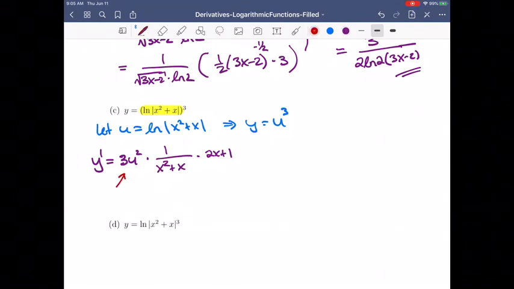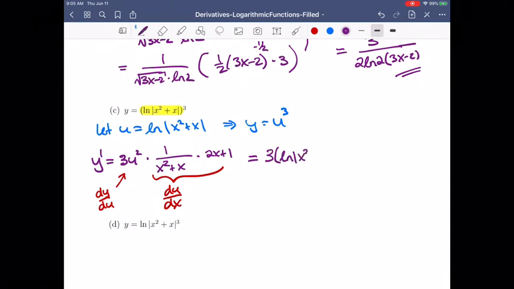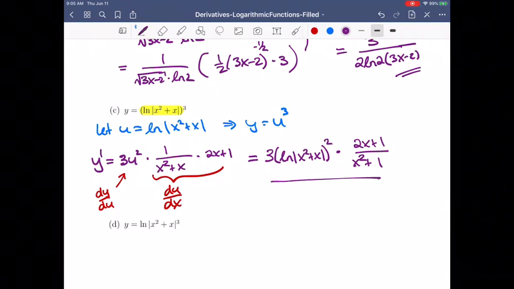So this part is dy/du, and this part is du/dx. Then we just need to replace u, so this is going to be 3 times ln of the absolute value of x squared plus x, all squared, times 2x plus 1 over x squared plus x. That's what our derivative will look like.